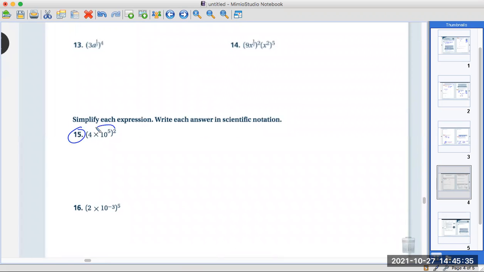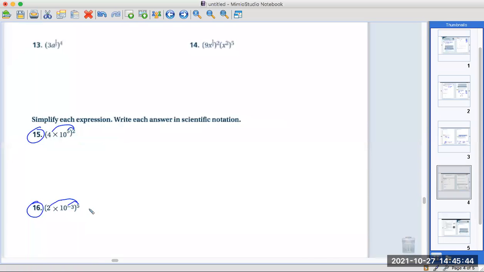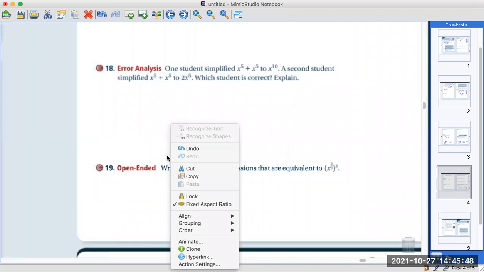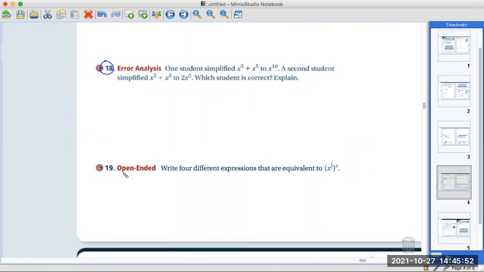Remember, shower the power. Okay, because it's in parentheses. And then 17 is an error. See what the error is.